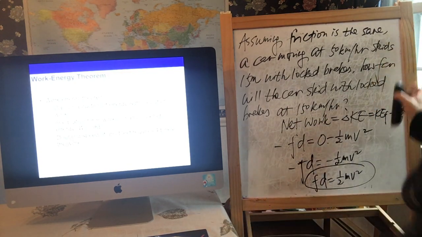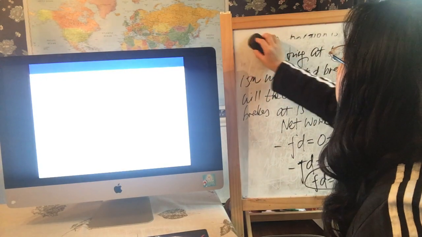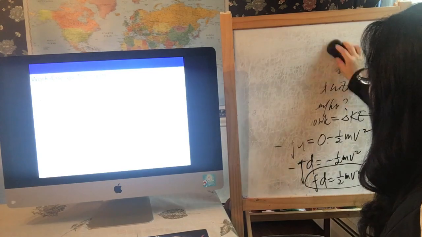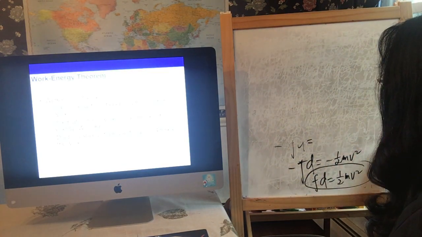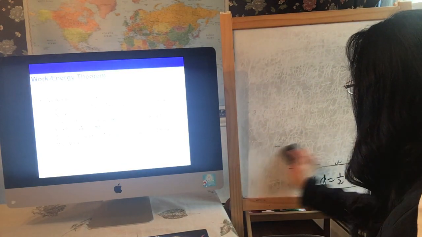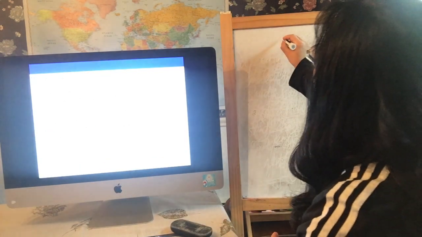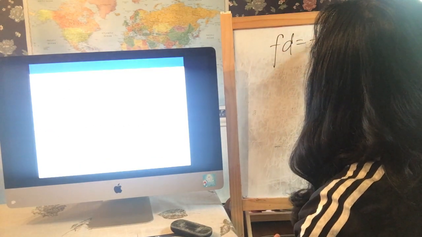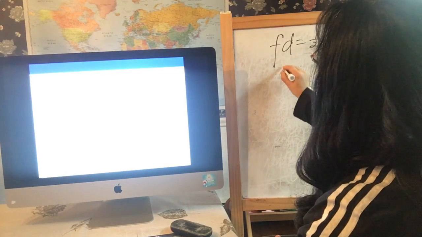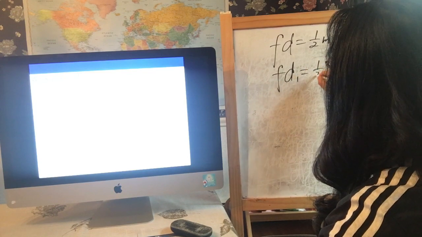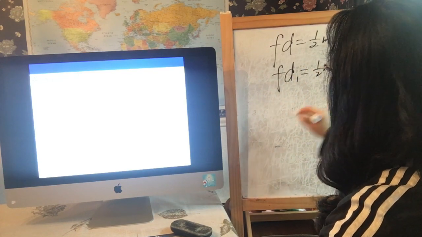So this is the starting point. We are going to solve this problem. But how can we go from here? Since this question has two different scenarios, in physics, if we are dealing with two different scenarios, the common method is to use a ratio to compare them. So we start from Fd equals 1/2 mv squared. In the first case, friction is the same, but the distance is different, so I use subscript 1 to represent it.